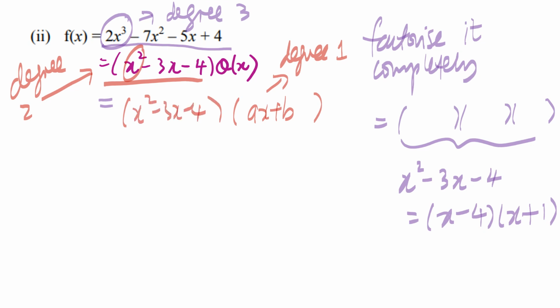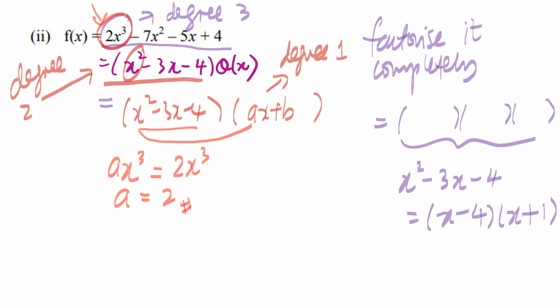If you remember, the first term of your divisor times the first term of this linear factor you're going to find will give you the first term in your dividend, which is 2x cubed. So your a is 2. Also the last term multiplied with this last term, which gives you negative 4b, will give you the last term here, which is 4.